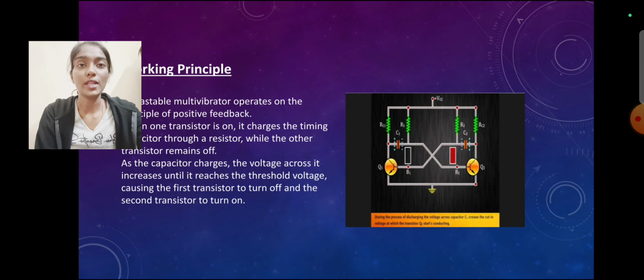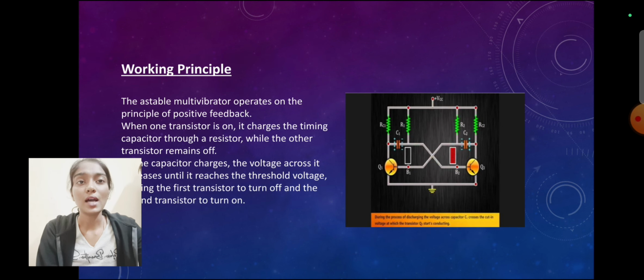Let's move forward to the next slide, working principle. The Astable multivibrator operates on the principle of positive feedback. When one transistor is on, it charges the timing capacitor through a resistor, while the other transistor remains off.